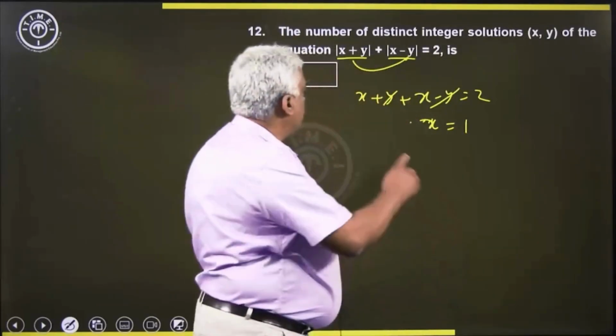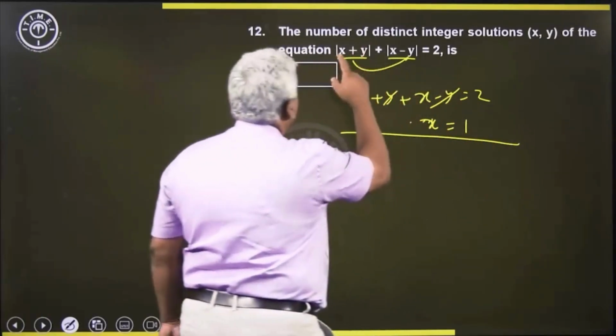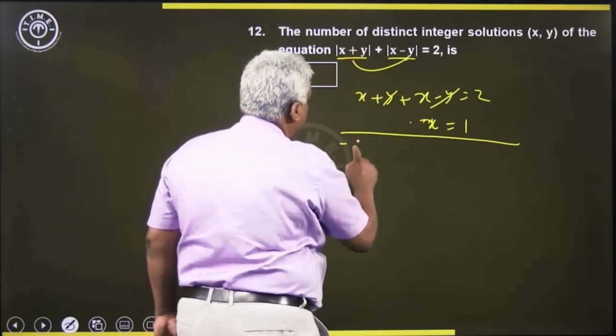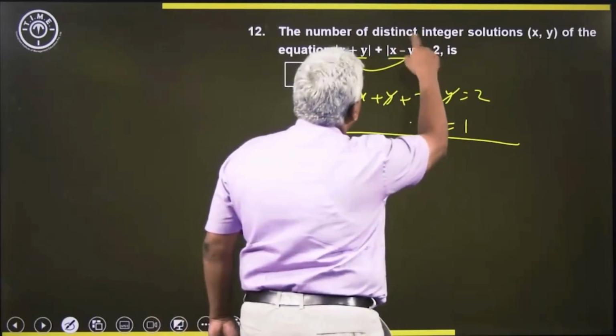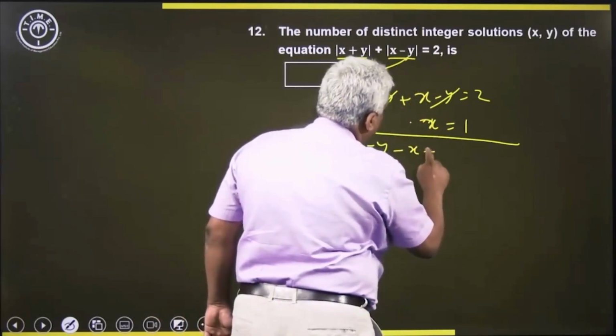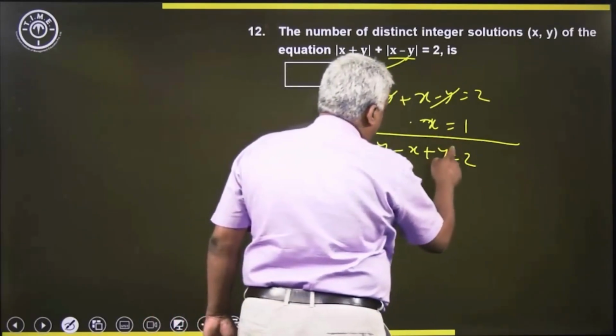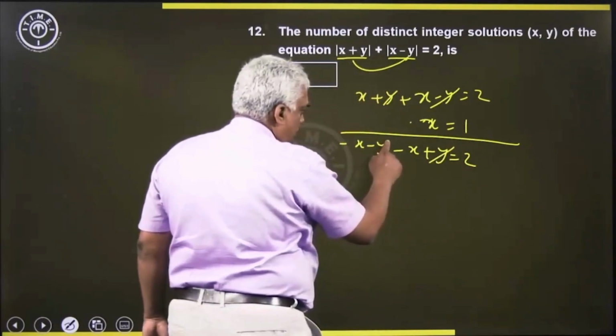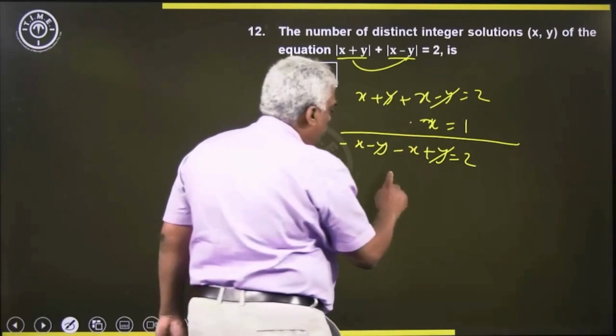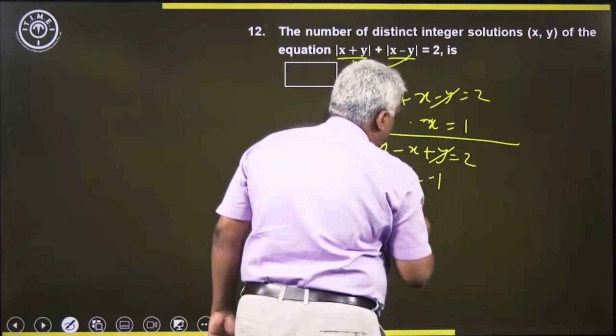Okay. If both are negative, then the modulus will be minus x minus y, and the modulus of the other is minus of that, so minus x plus y, it is 2, right? So here y got cancelled, minus 2x equal to 2, so x equals minus 1, okay.